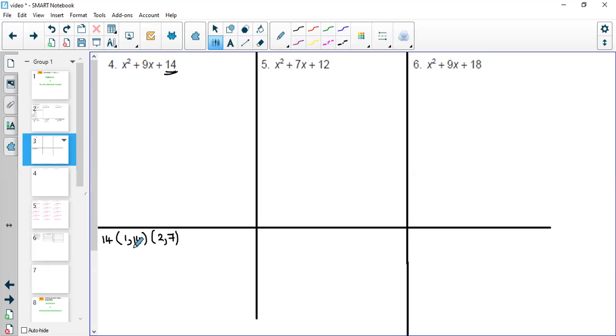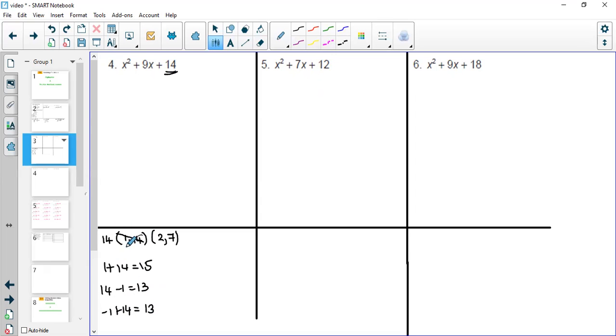So now you need to choose among these two, which pair of factors would give you a 9 if you would add or subtract. So definitely not 1 and 14, because 1 plus 14 will give me a 15. And again, if I would even subtract 1 from 14, that's going to give me a 13. Even if I would rearrange it in this way, that's still not going to give me a 9.